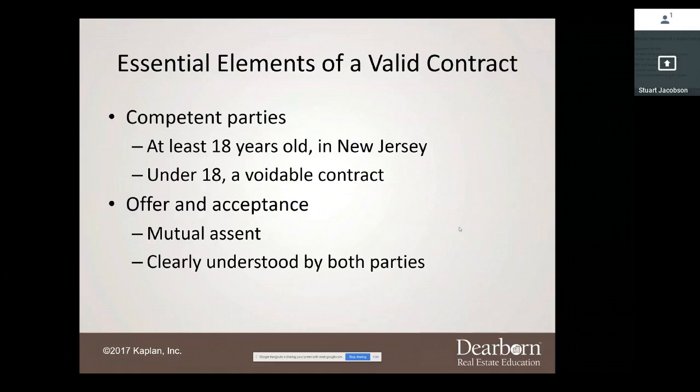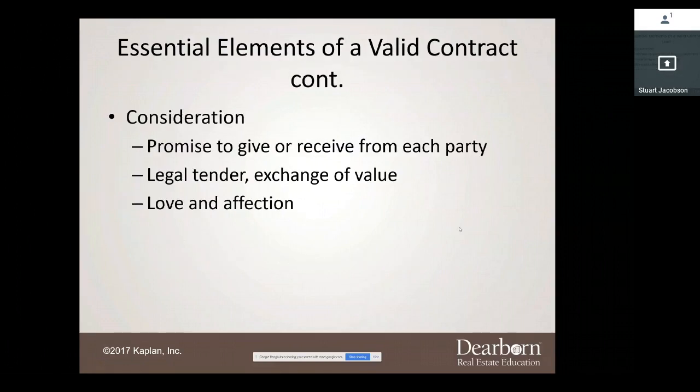So: competent parties, offer and acceptance. There has to be an offer and there has to be an acceptance. The next essential element is consideration. There has to be some sort of legal tender. When I say consideration, it could be good or valuable, meaning it could be legal tender, an exchange of value, or it could be for love and affection.